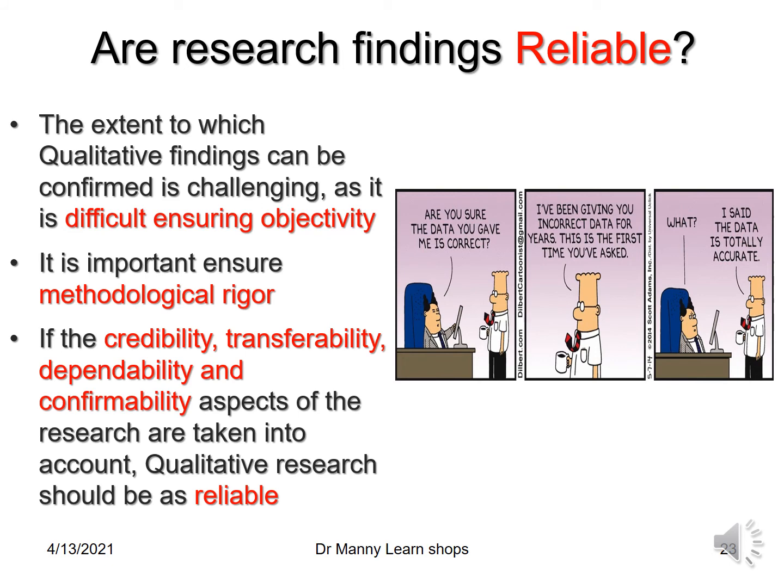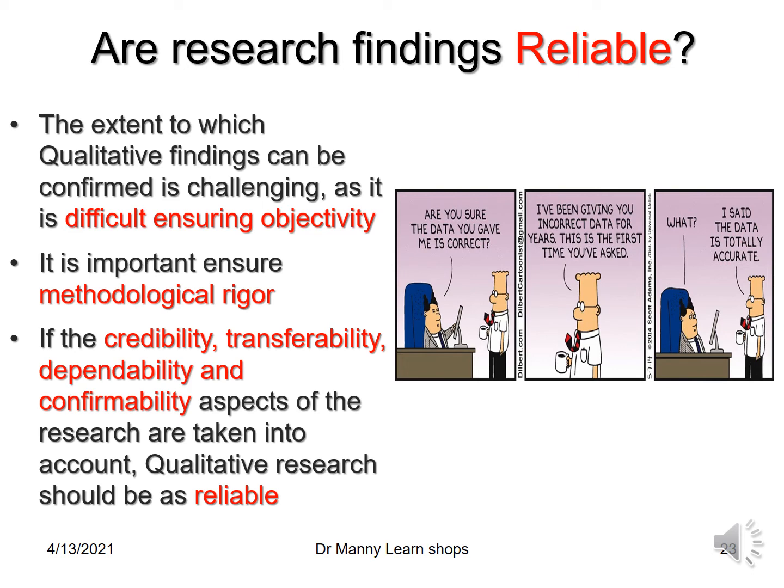Are the research findings reliable? Reliability basically means the extent to which qualitative findings can be confirmed, and that's challenging, as it's difficult ensuring objectivity according to the quantitative academics.